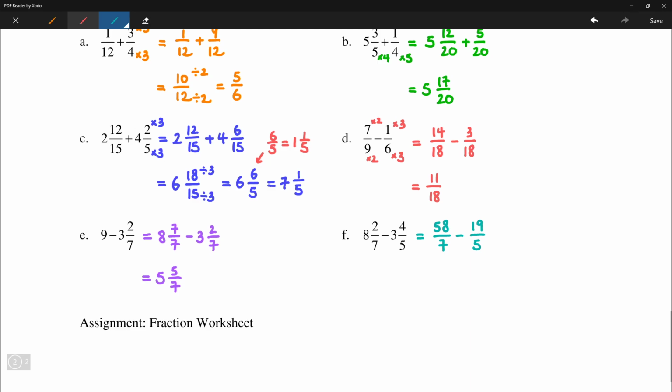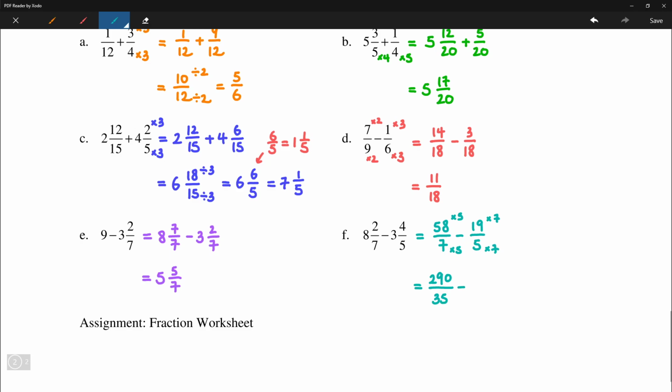Okay, so now we find the lowest common denominator, which is going to be 35. The first fraction, we're going to multiply by 5 in both the numerator and denominator. And the second fraction will be multiplied by 7, once again, to both the numerator and the denominator. So the numbers are going to get a little bit bigger than in previous examples. 58 times 5 is 290, for example. And 7 times 5 is 35.